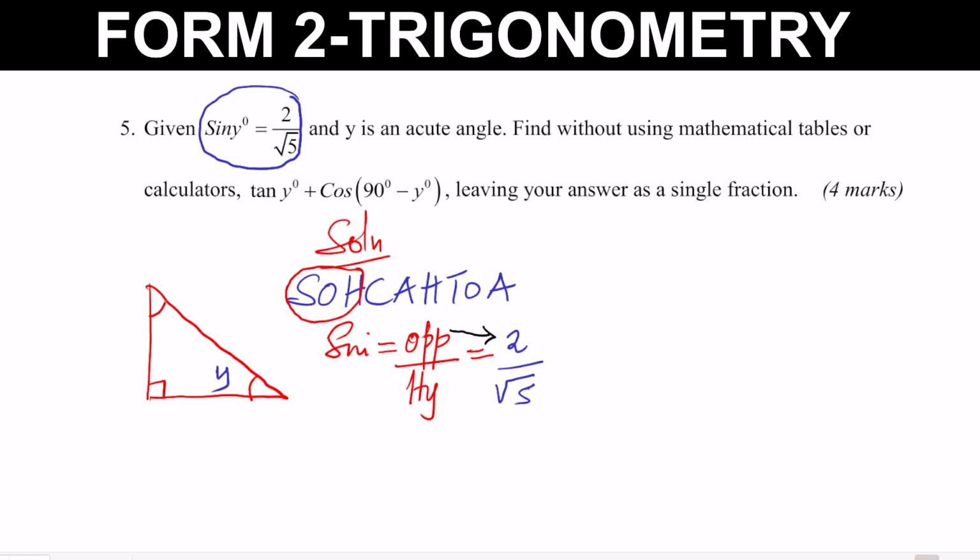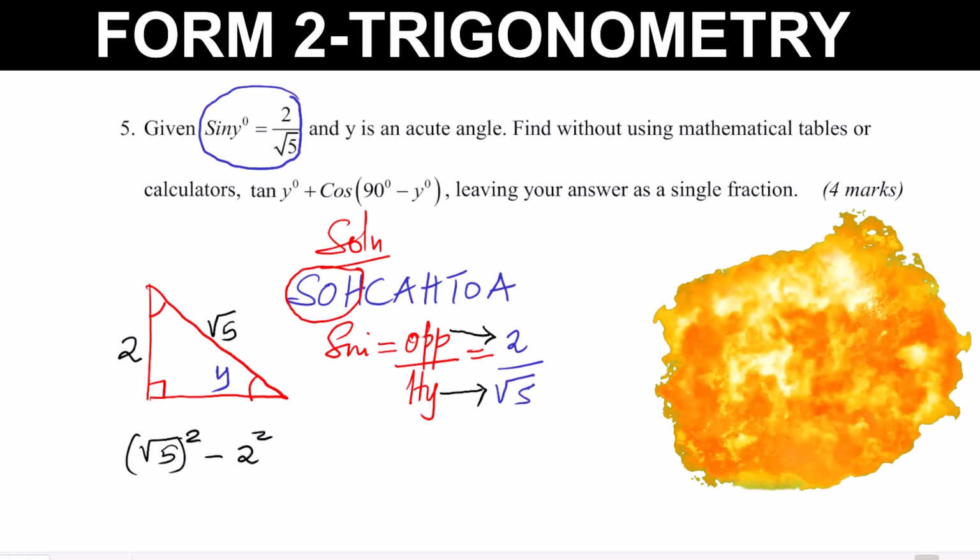If angle y is there, the opposite side is 2. Then the hypotenuse is root 5. The hypotenuse is the longer side. Having obtained that, we can get the remaining side, the base, using Pythagoras theorem. It is root of 5 squared subtract 2 squared.